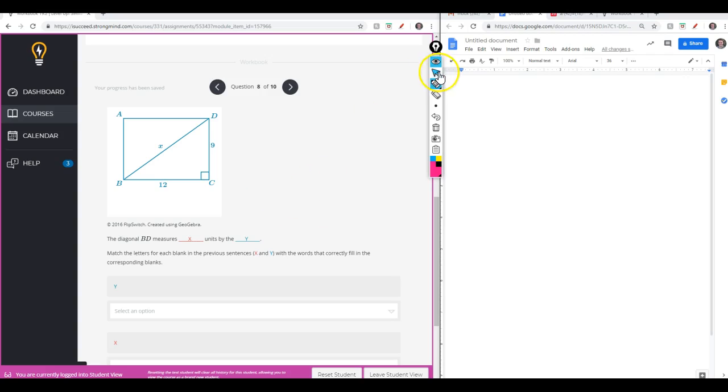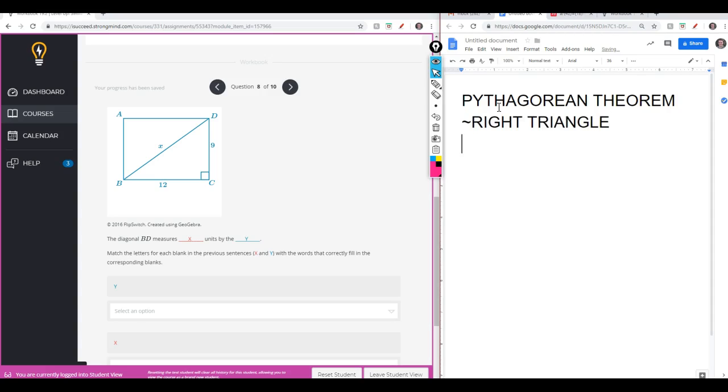It's the Pythagorean theorem. You use it when you have a right triangle and need to find a side length.